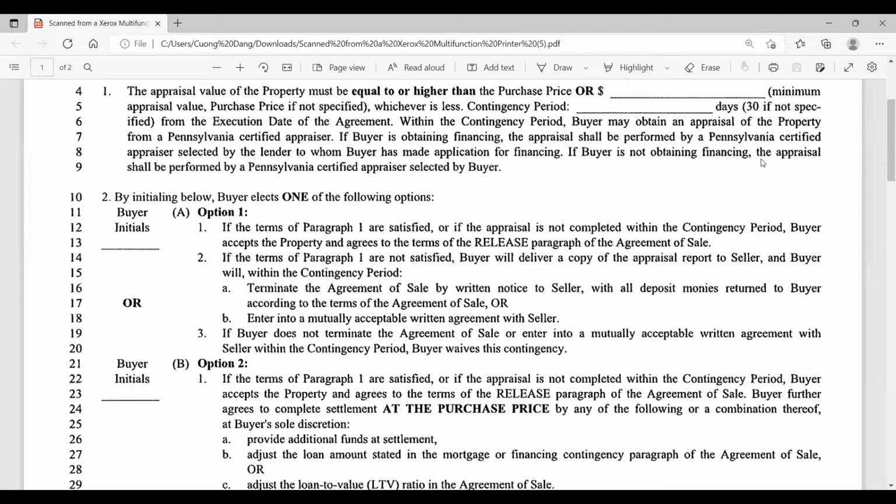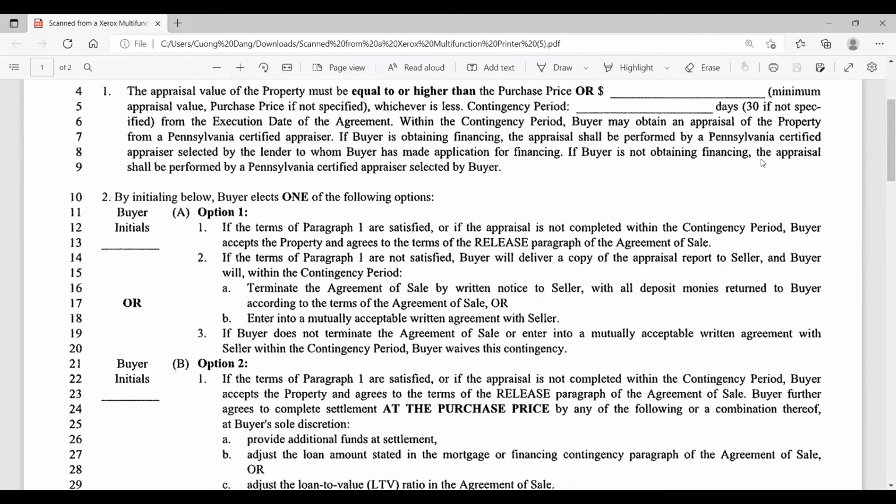2, if the terms of paragraph 1 are not satisfied, so the appraisal value on a 300K house comes in at 250, buyer will deliver a copy of the appraisal report to the seller. So right there, it's written that the buyer has to give the seller a copy.